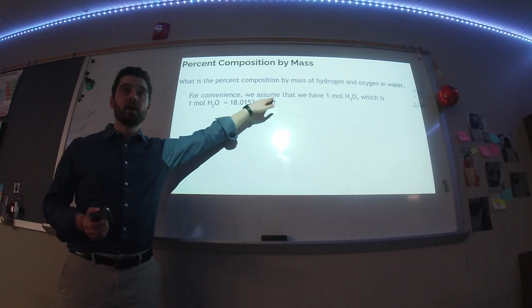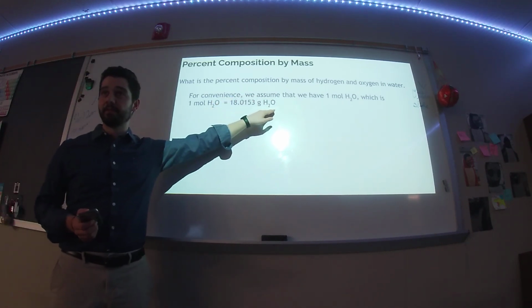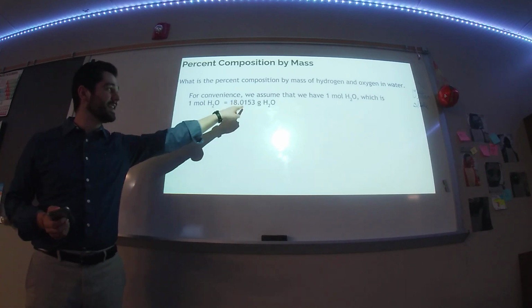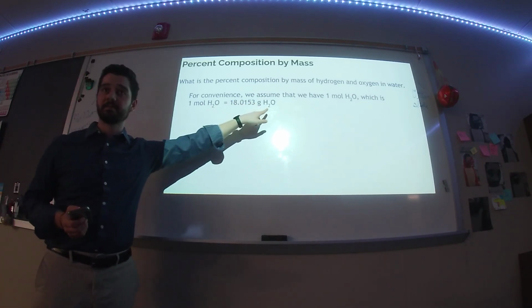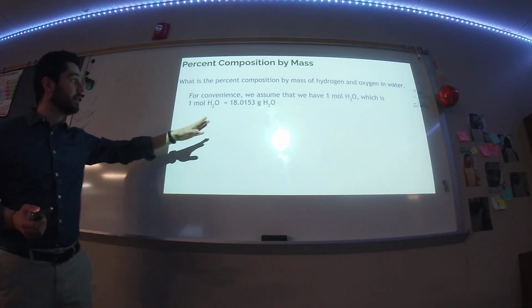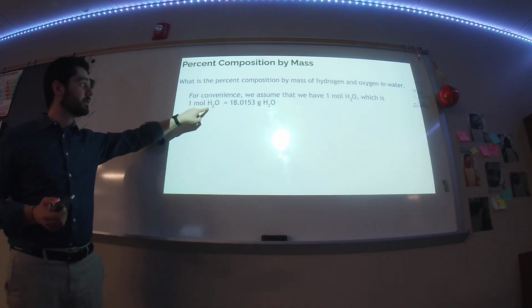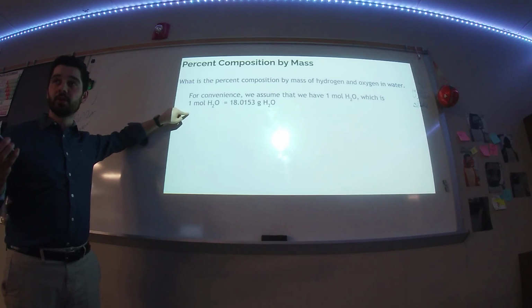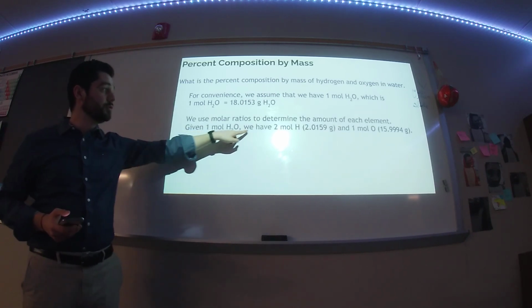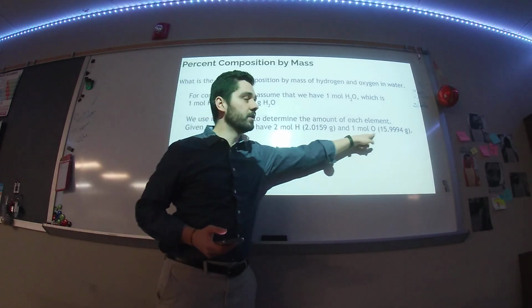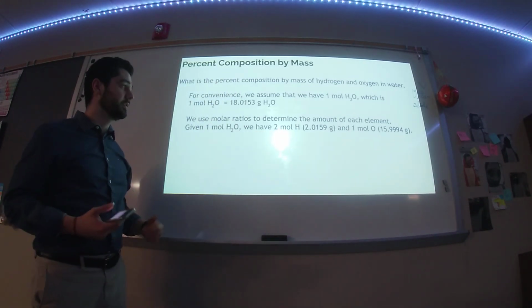So all of my water together is 18 grams roughly, and I want to know what percentage of this is the hydrogen atoms and what percentage of this is the oxygen atoms. Well, if I have 1 mole of water, we can use the molar ratios we just talked about. I know that I have 2 moles of hydrogen and 1 mole of oxygen. Right, those are the molar ratios.